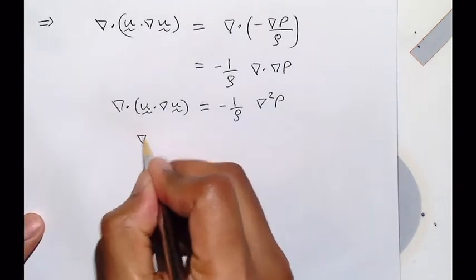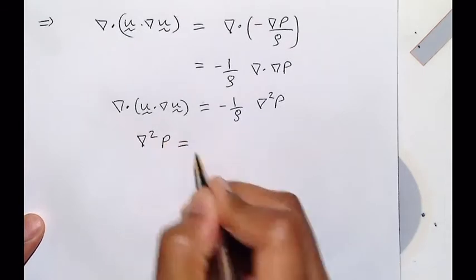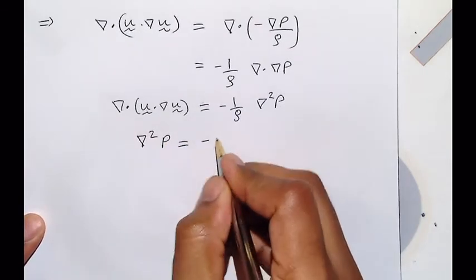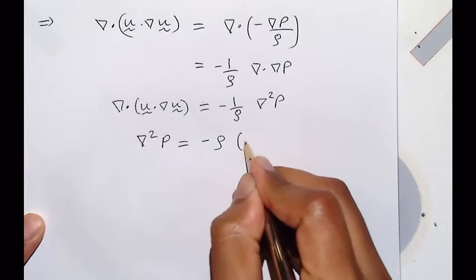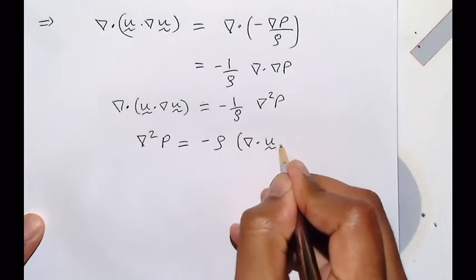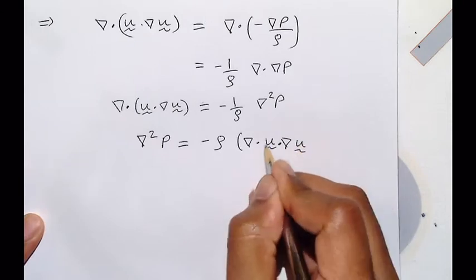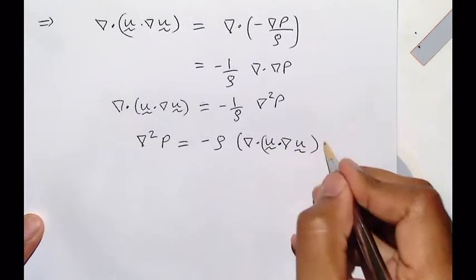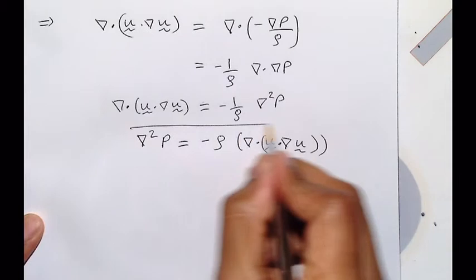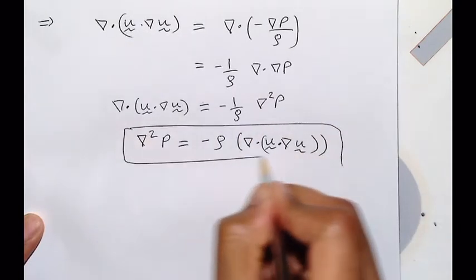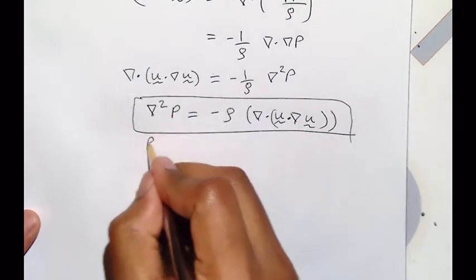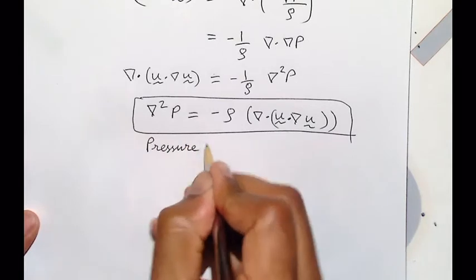But now we actually have our Poisson's equation, the pressure Poisson equation. This is minus rho nabla dot u.